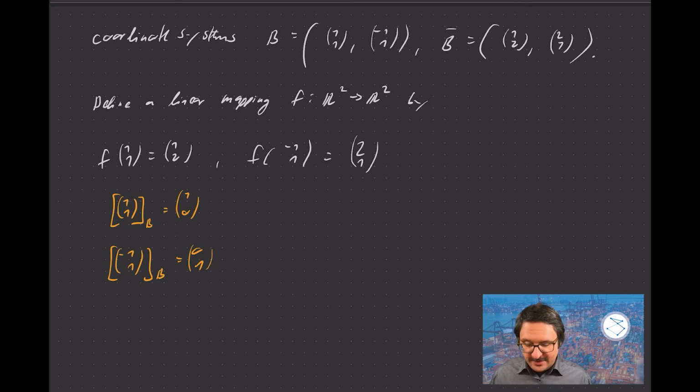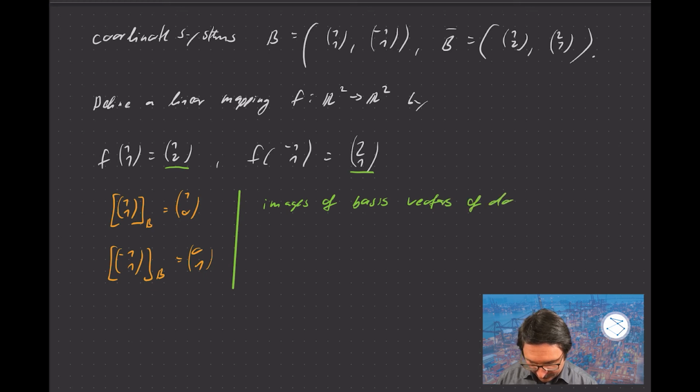What we need to know are the images of those basis vectors. So these here are the images of the two basis vectors. And those images go into the columns of our representation matrix. So the images of the basis vectors of the domain form the columns of the representation matrix.